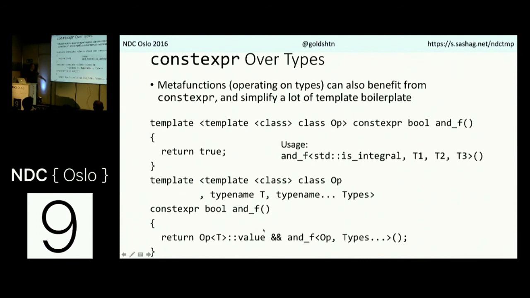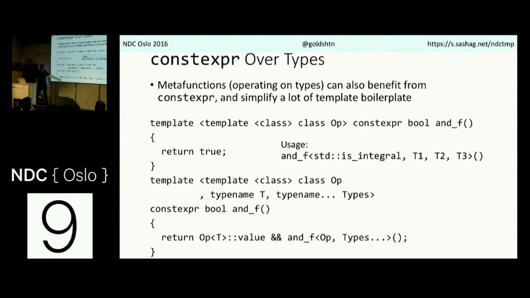And then the interesting case, the recursive case, is over here, where we have that operation, the Boolean property of types. We have the first type, and we have all the rest of the types, and the rest can also be empty, so we could be down to just one thing. And we just perform a recursive invocation, right?